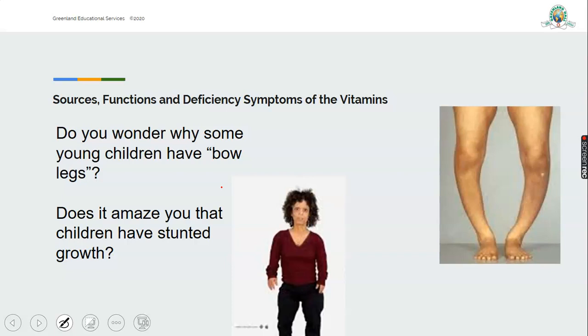Biologically, we call it rickets. It has to do with inadequate minerals and vitamins in our food. So we are going to look at those vitamins, their sources, the functions, and deficiency.